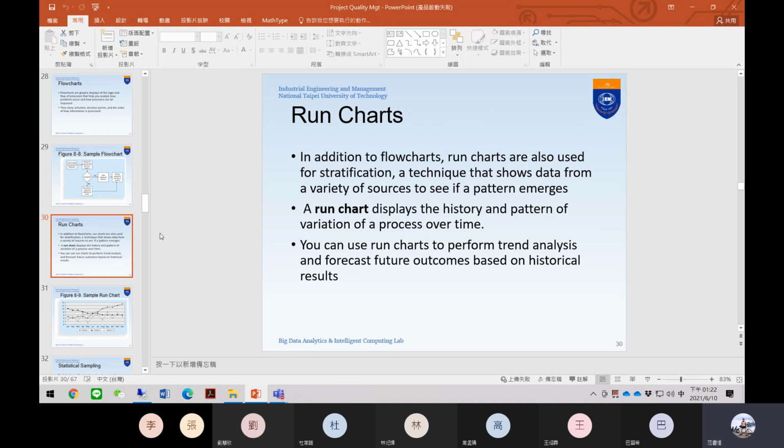And the following is the run chart. A run chart is typically a temporal graphical display.